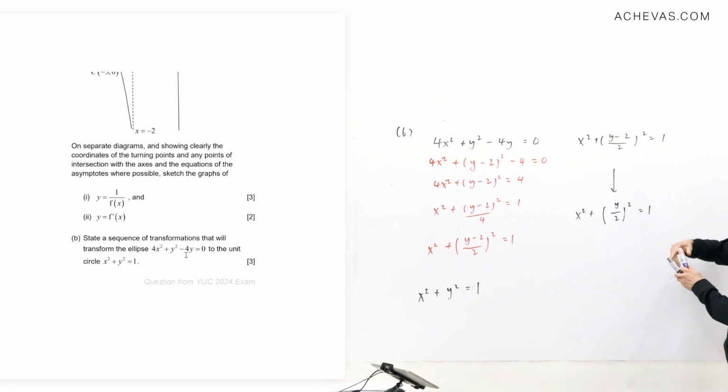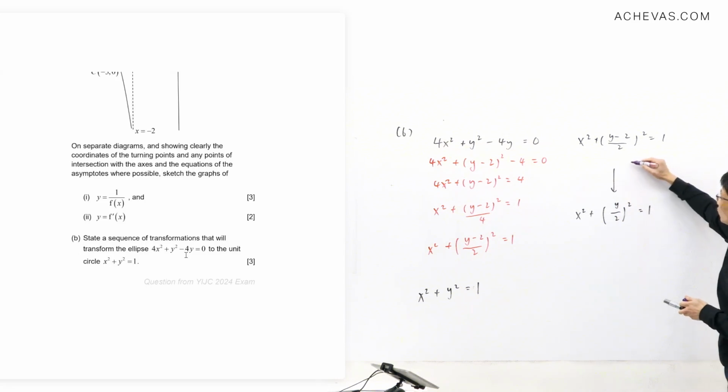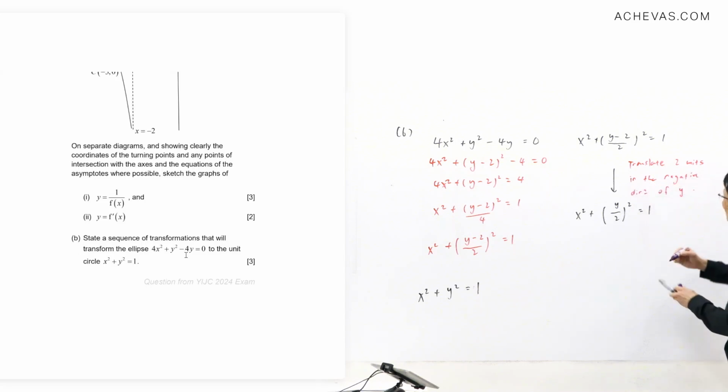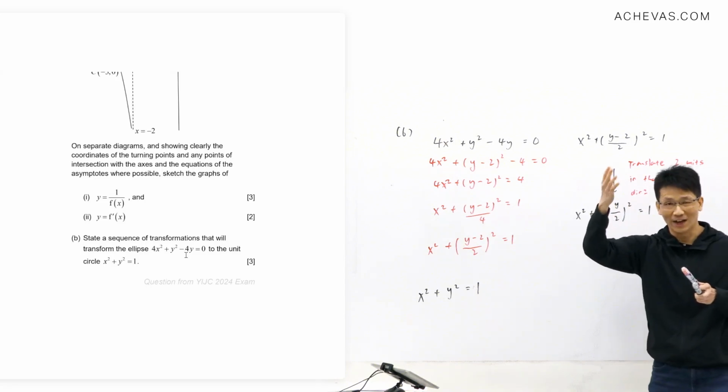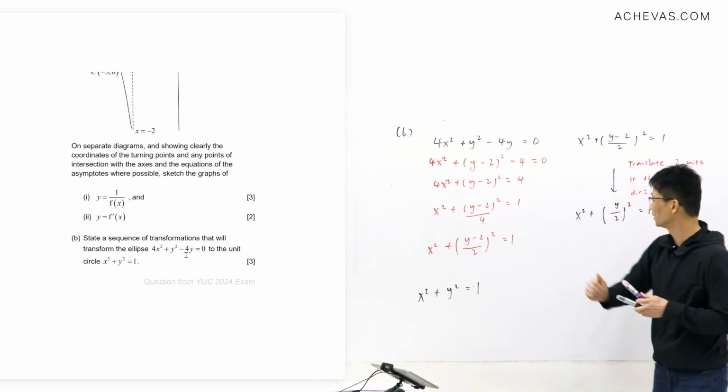Replacement of y with y plus 2 basically means translate 2 units in the negative direction of y. Basically you are shifting the entire curve down by 2 units.